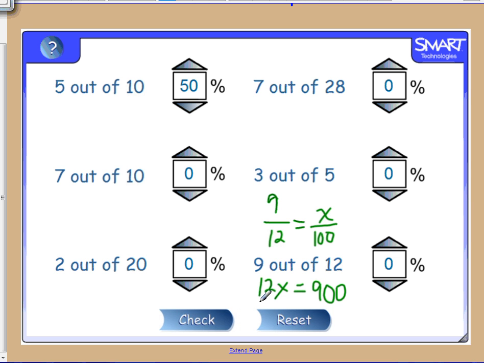And then if we just divide both sides by 12 to solve for x, we want to get x by itself. Then we're going to get x equals 900 divided by 12 is 75.